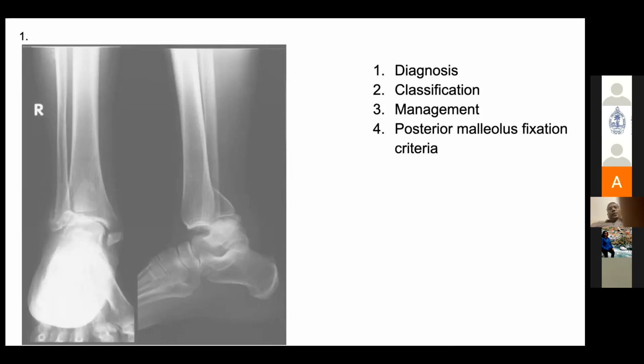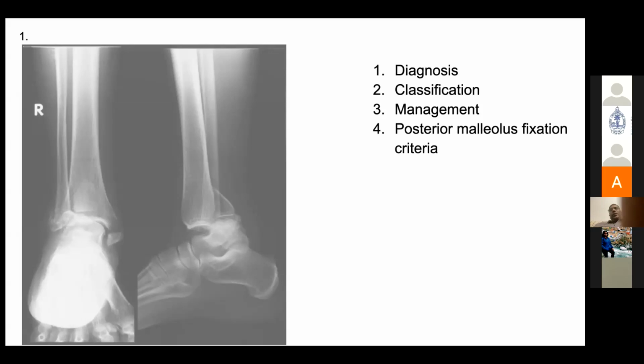So by looking at the fibular fracture, this is more for a supination external rotation injury. Okay, so you should be able to classify these fractures.